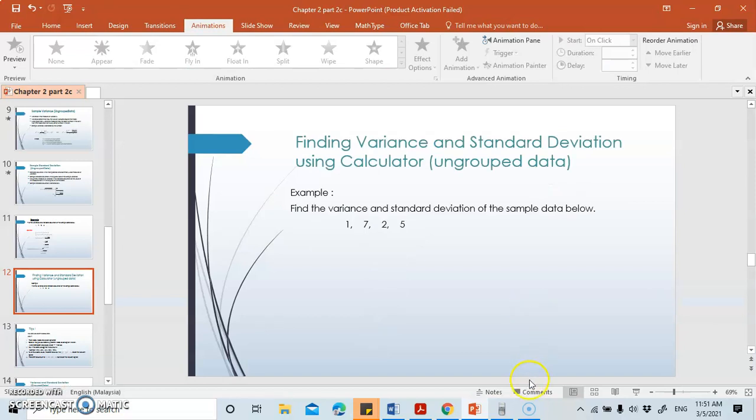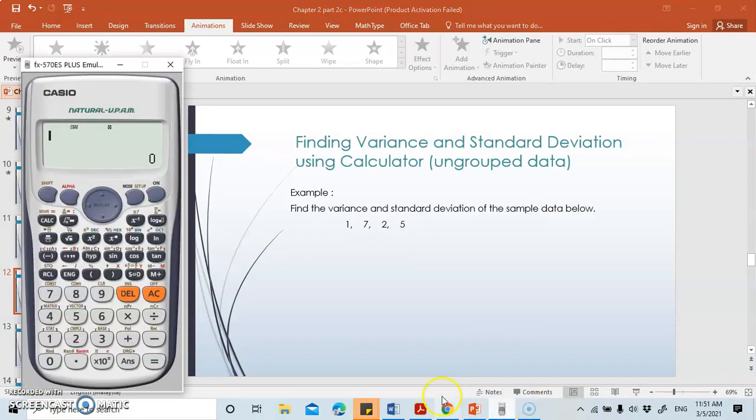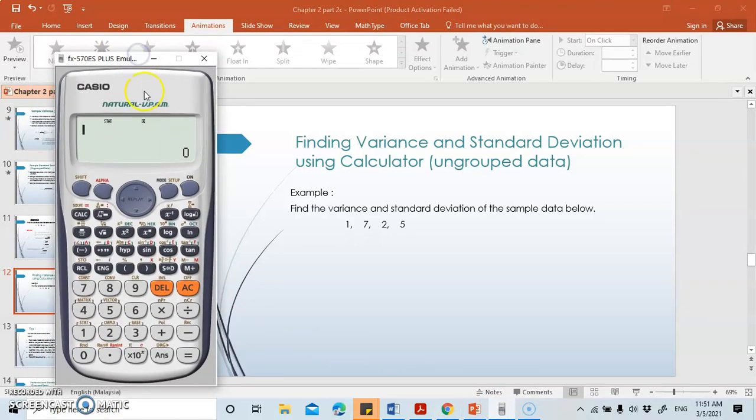So if you have your calculator like this, I'm using the fx-570ES Plus calculator. The first step is always to clear the previous data and previous format in your scientific calculator.